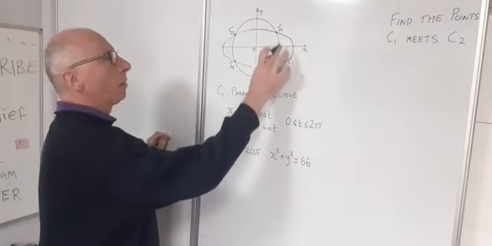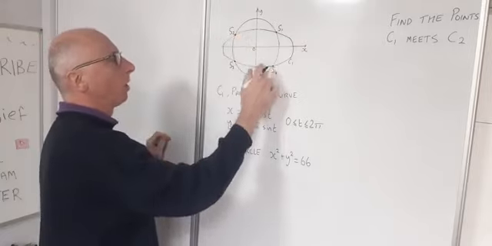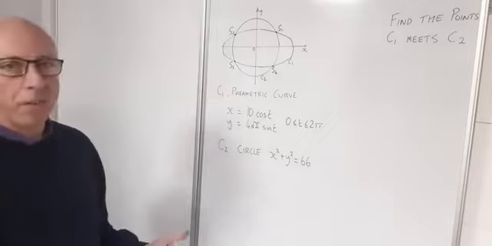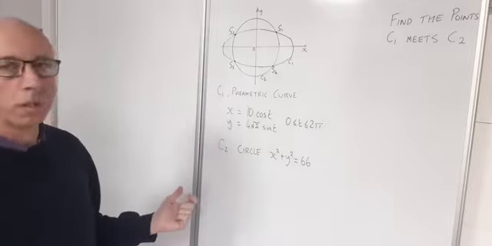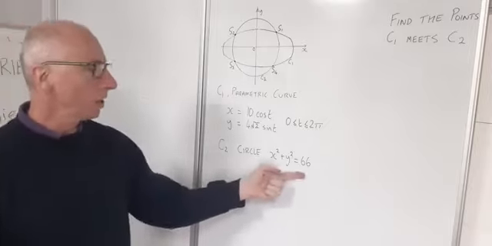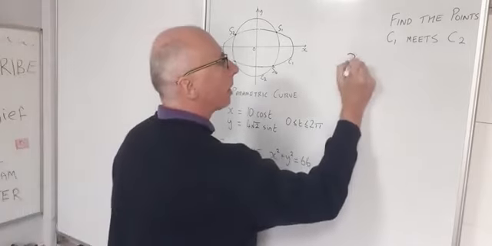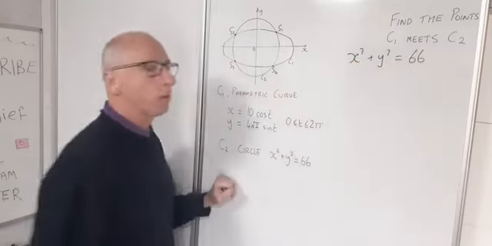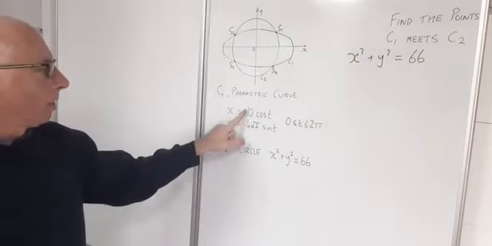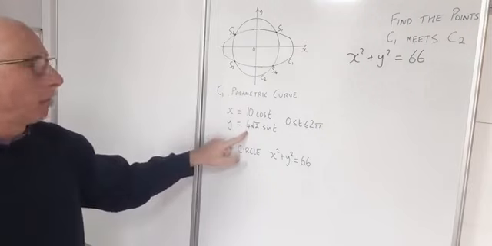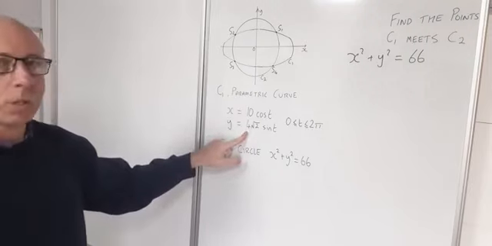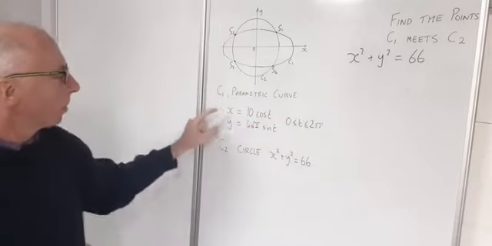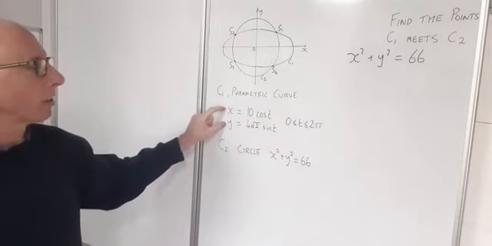So I've labelled them up S1 to S4 on these coordinates here, and we need to go back and find where that is. So we've got the circle equation is x squared plus y squared equals 66. Now we can use that to find the meeting points by plugging in the points on the parametric curve, which are 10 cosine t and 4 root 2 sine t, and substituting them in because they represent our x and our y coordinates.